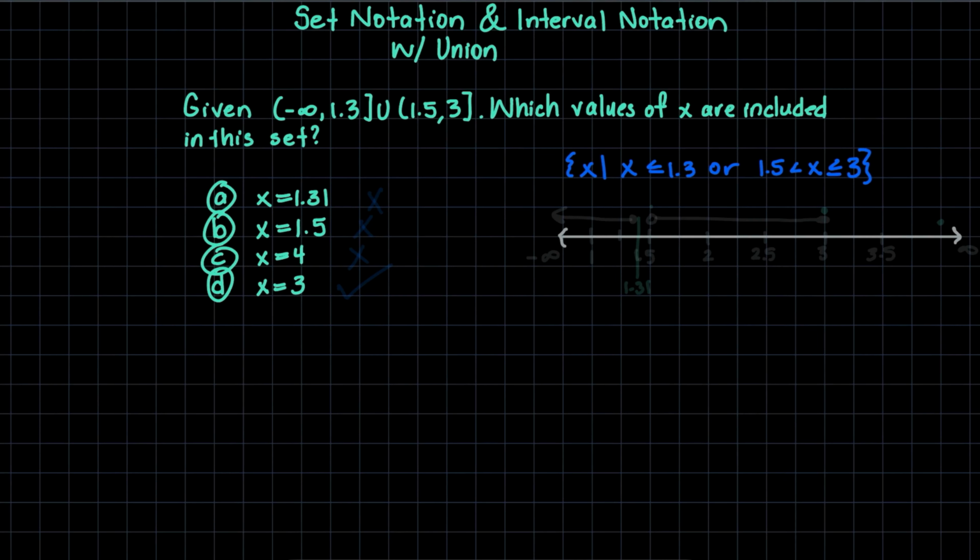And on our number line, we've got 1, 1.5, 2, 2.5, 3, 3.5, infinity over here, negative infinity over there.